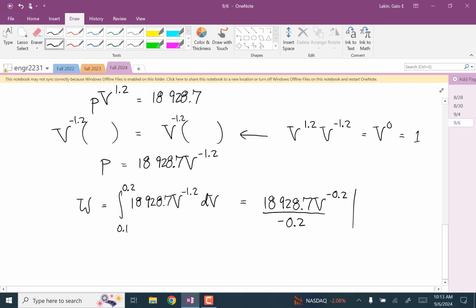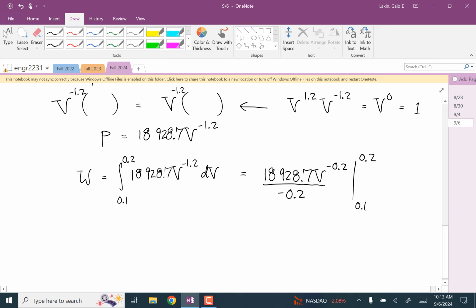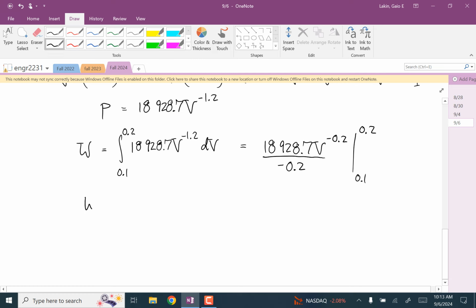And then we're evaluating this from 0.1 to 0.2. Plug all those in, and it gives you that the work is, no, it's not negative, positive 19,417.4 joules.